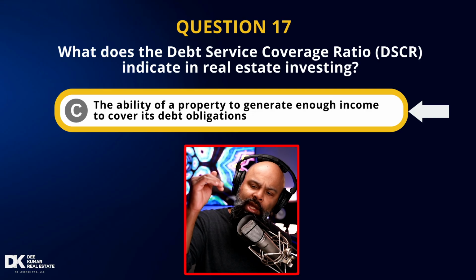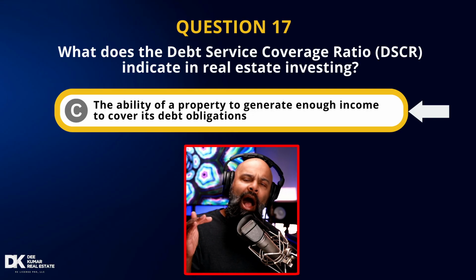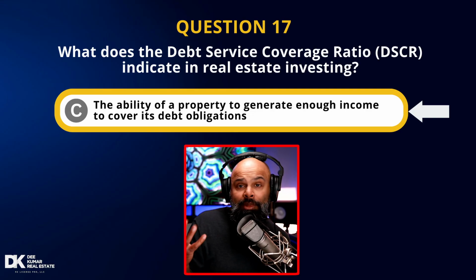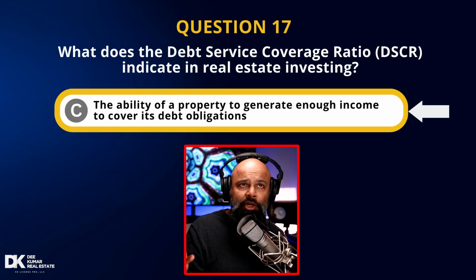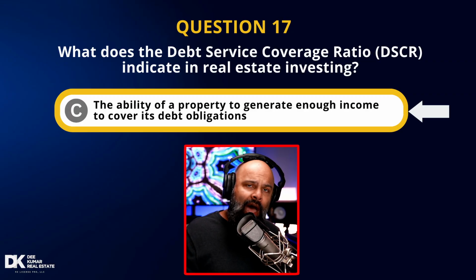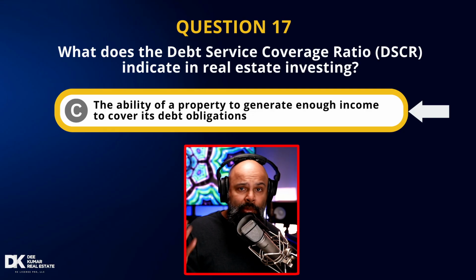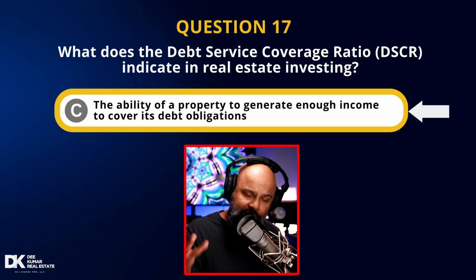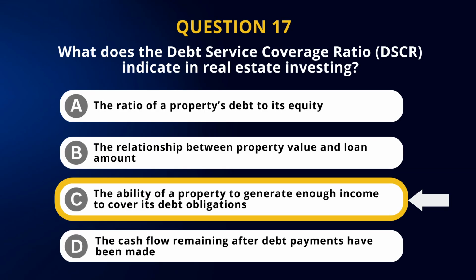DSCRs are calculated like that. Underwriters and lenders look to them to find out that the investor is profitable and not negative, obviously, but also profitable enough that it makes investment sense to buy an investment of this type. So you want to definitely know the debt service coverage ratio. It might be used, might not be used, but it's pretty important to know the definition, I would say.